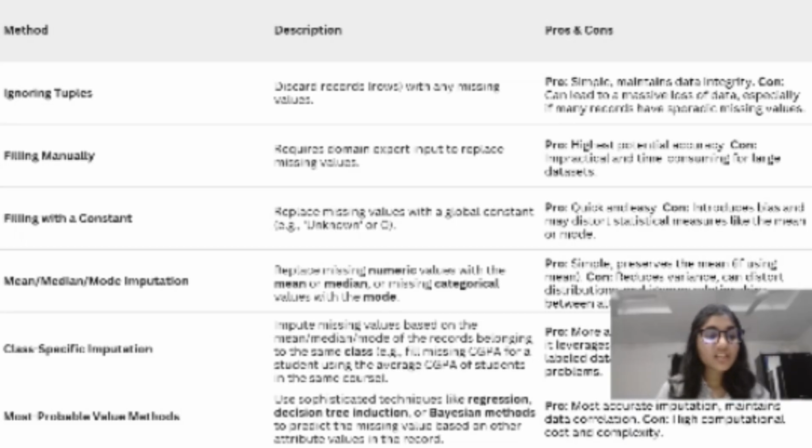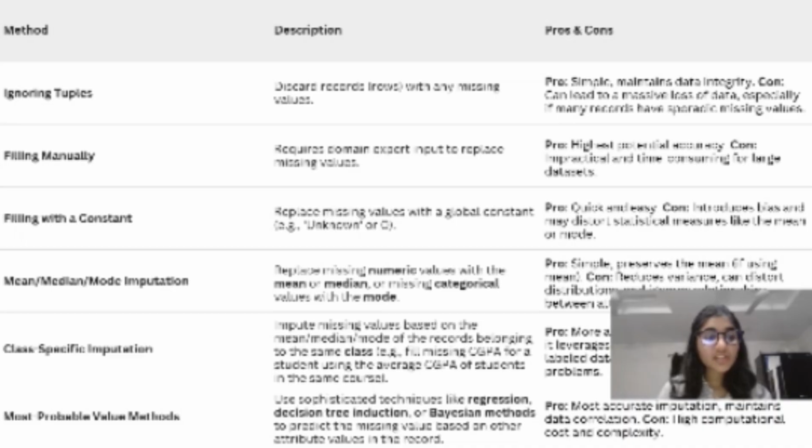Then the fourth method is mean, median, mode imputation. Its description is to replace missing numeric values with the mean or median, or missing categorical values with the mode. Pros are that it is simple and preserves the mean. Cons are that it reduces variance, can distort distribution, and ignores relationships between attributes.